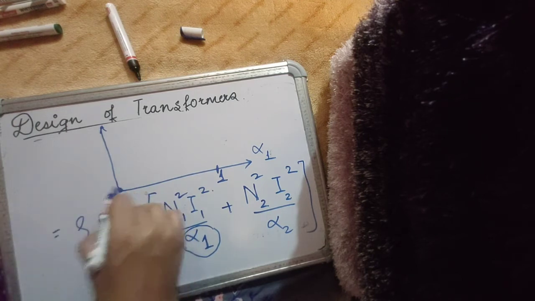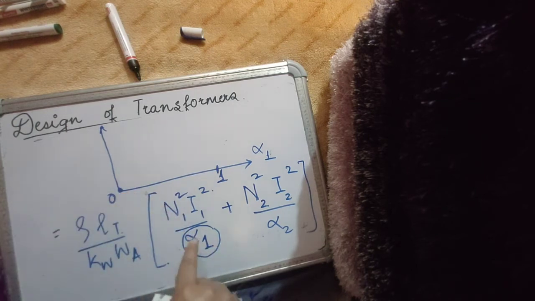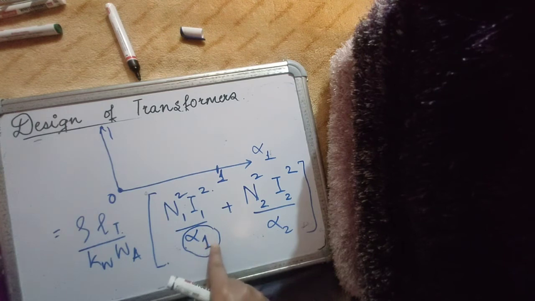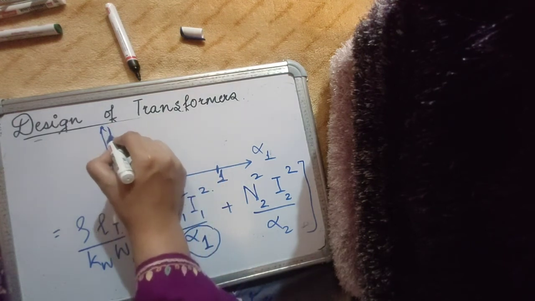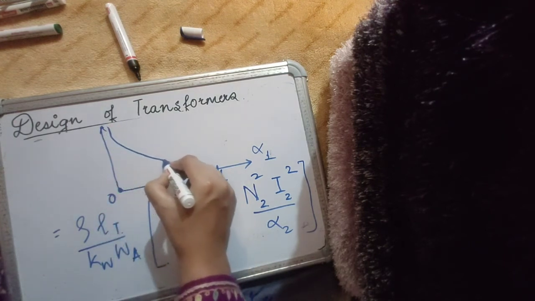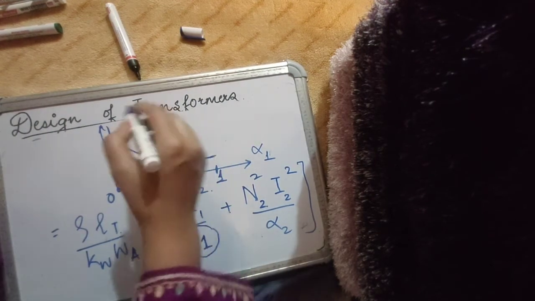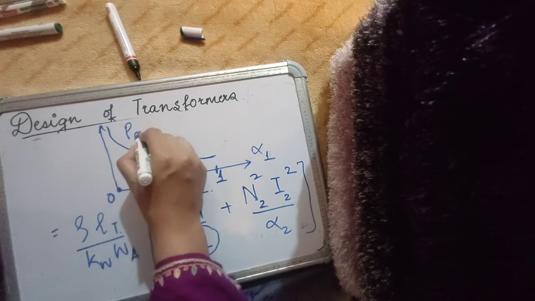If alpha 1 is equal to 0, then the copper loss in the primary winding tends to infinity, and as you go on increasing alpha 1, it goes on reducing and reaches a finite value at alpha 1 equal to 1. So this is the copper loss of the primary winding.